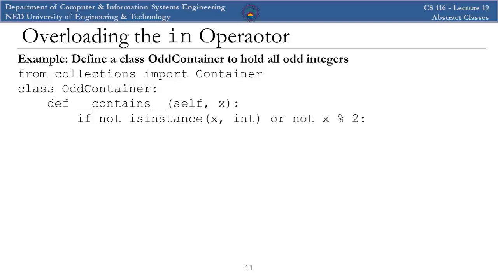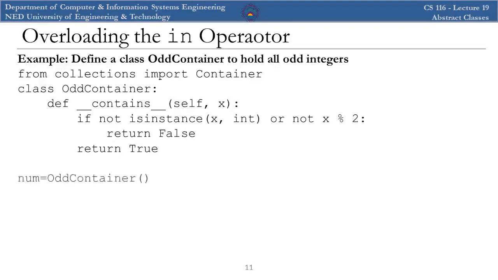So that's why I have negated that condition, because x % 2 == 0 will be false. 0 indicates false, so I have to negate it. And if any of these two conditions is true, because I'm using the or operator, then I'll return false. Otherwise, I'll return true. And this is a simple implementation for in operator for my class OddContainer.